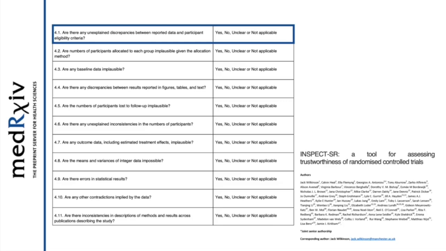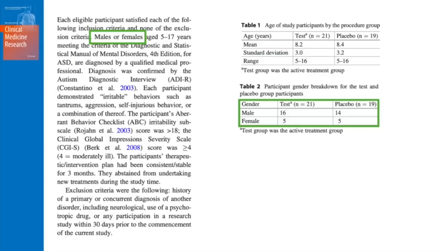So are there unexplained discrepancies between reported data and participant eligibility criteria? This is something you can look at in the study. For instance, they say in the eligibility criteria that they will recruit males or females, and you can see that they recruited males and females, which is a first way to check for an inconsistency. So there is no inconsistency here, so it's okay.